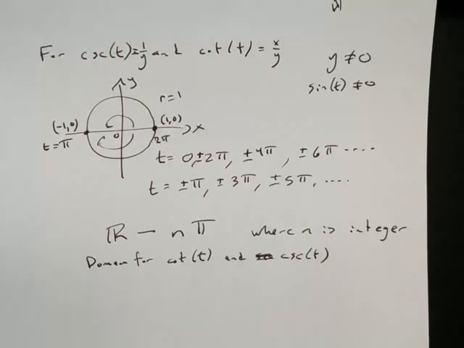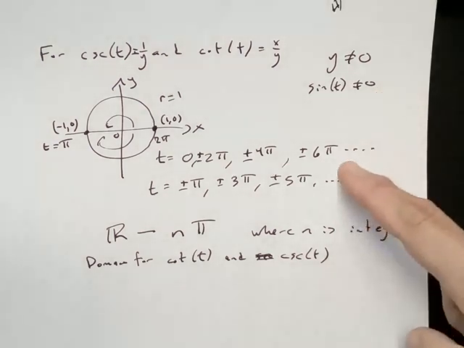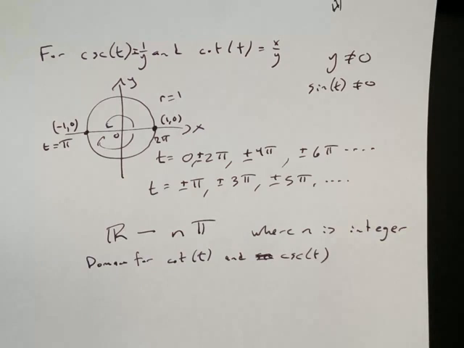And what we've really figured out is we figured out all the places where cosine is 0, and we figured out all the places where sine is 0. Sine is 0 at every whole number multiple of pi. Cosine is 0 at all the odd pi over 2's.